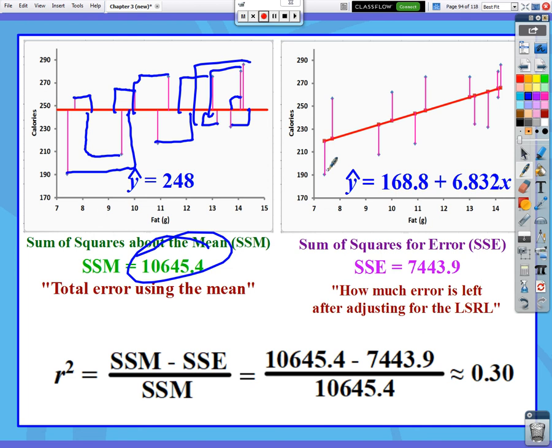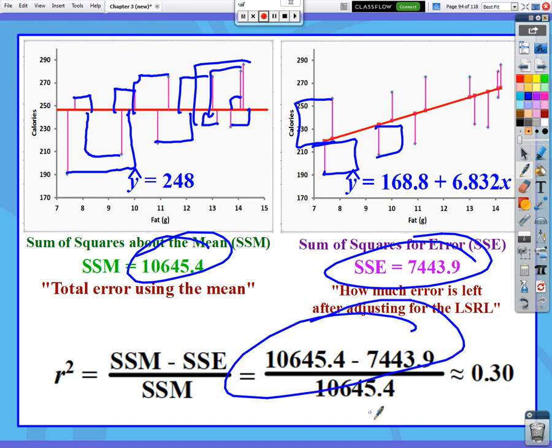Versus if we did all of these squared errors using the regression line, then we get this total squared error. And so overall, we get a reduction of a certain amount of error out of the total amount of error that we started with. And so our r squared value using fat as our explanatory variable is roughly 0.3, or about 30%. So again, you will not have to worry about how to actually calculate this r squared value. But this is how it's calculated.